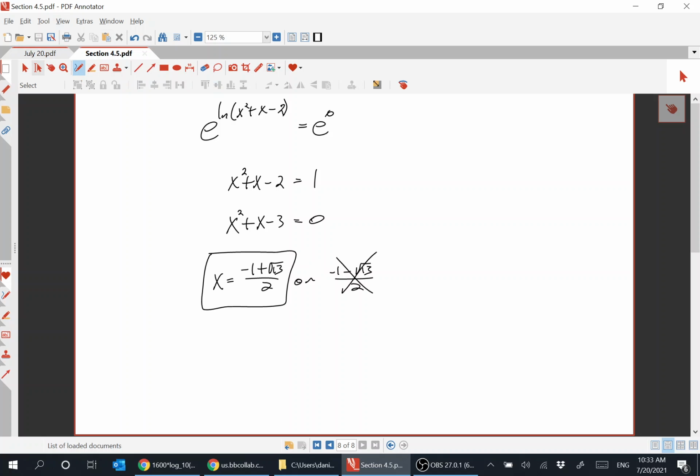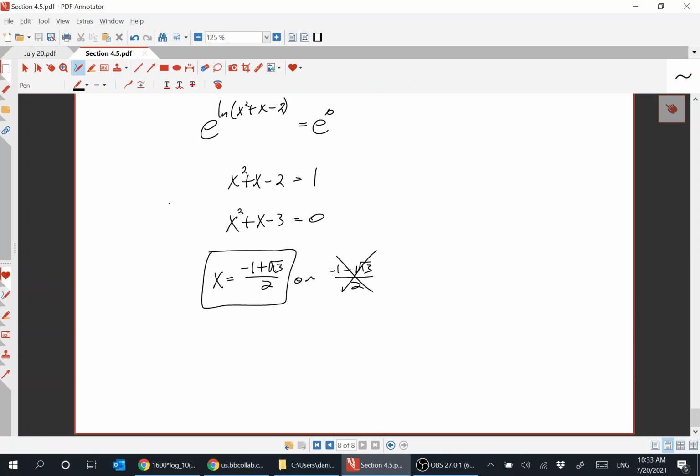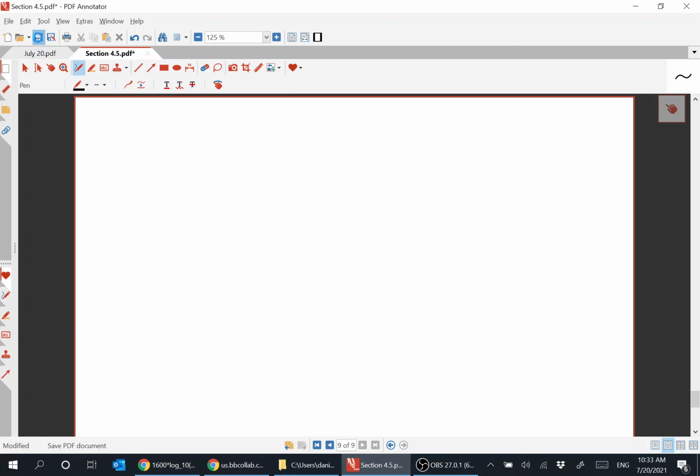So I assigned from this section, well, actually I didn't assign any of those, but we'll try a couple of them. How about number 63? So solve for x.